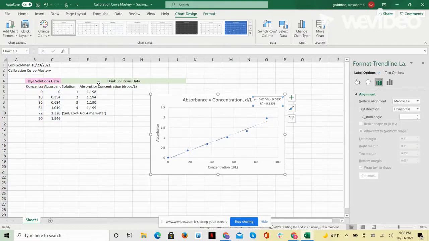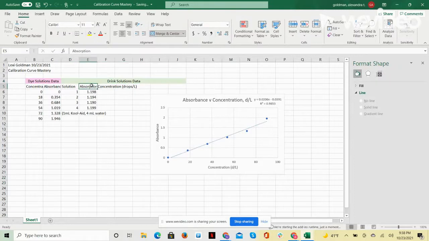To do so, I will be using my drink solutions data. My absorbance is here, and that is what is known, but I do not know my concentration. I can manipulate this equation over here to get it where it's x equals y plus 0.0391 divided by 0.0206. Then I can substitute these absorbance values into that equation.